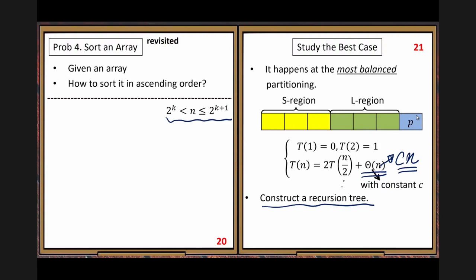Every time we split in the middle, n over 2. We assume n is between 2 adjacent power of 2 numbers. We can always get that.